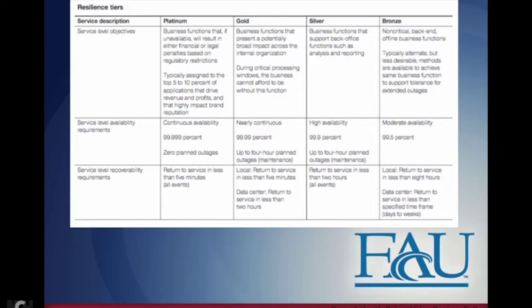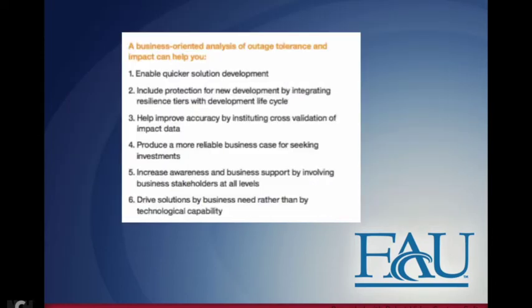email systems, communication systems. There are so many things here that this could really apply to, not just for the private sector but also for the public sector. They note that a business-oriented analysis of outage tolerance and impact can help businesses enable quicker solution development.